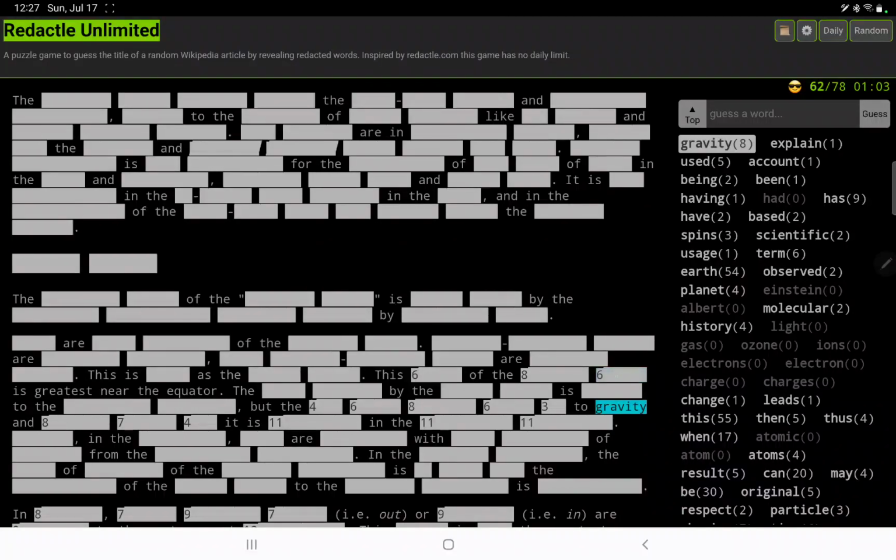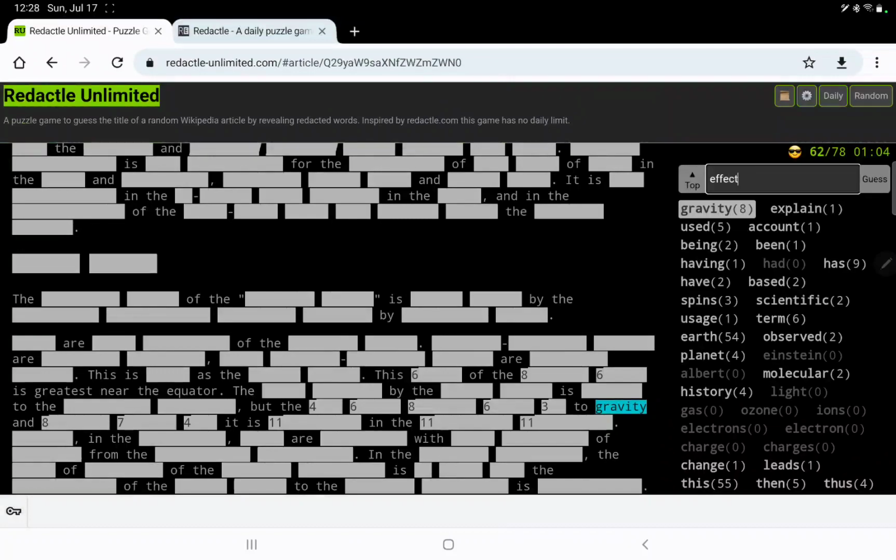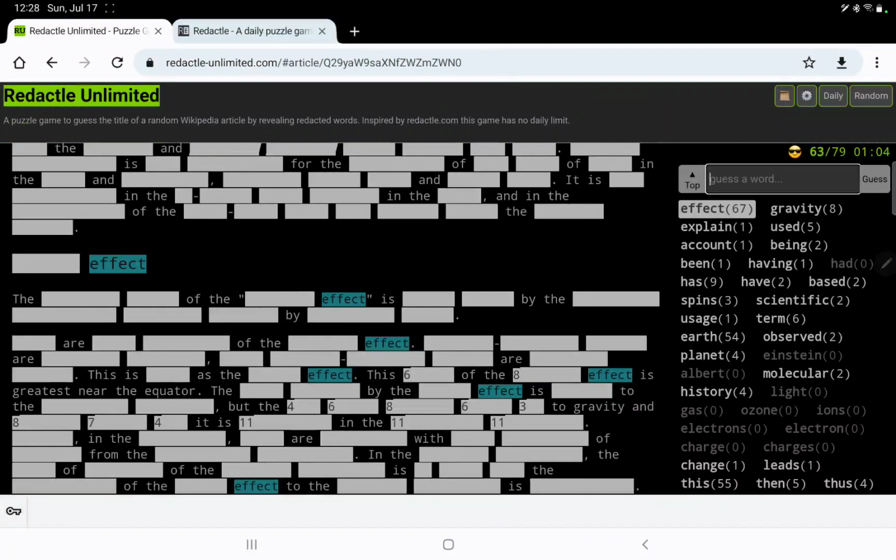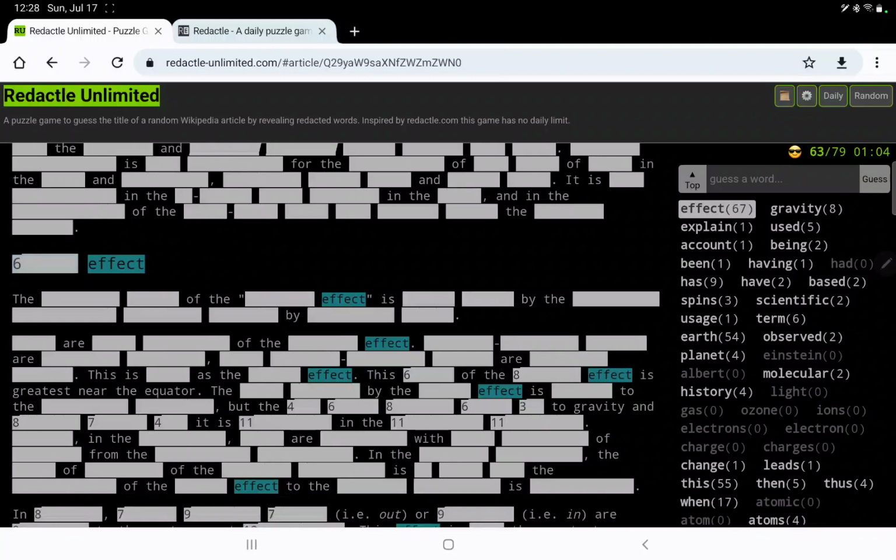This something of the 8, 6 is greatest nearest the, was greatest near the equator. This effect, no, but there is a lot of, so there, and what is this 6 effect? But then they have in parentheses the 8 effect.